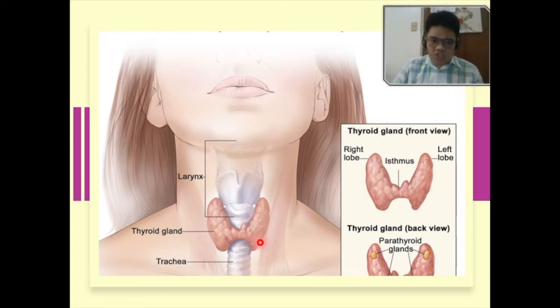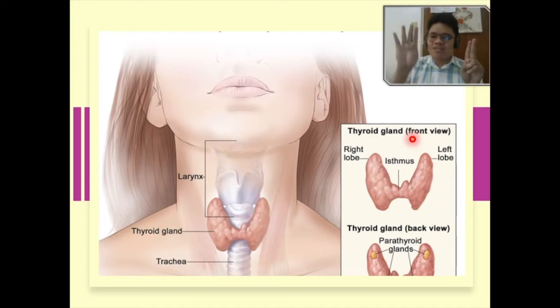The relationship between TSH, T3, and T4 is governed by your negative feedback mechanism. Whenever, class, there is a decrease in your T3 and T4 levels, your TSH would try to increase in such a way that your thyroid stimulating hormone or thyrotropin will stimulate the thyroid to release T3 and T4.